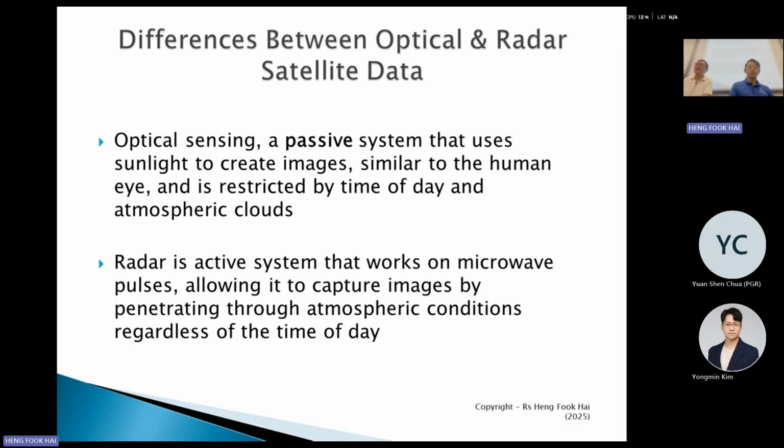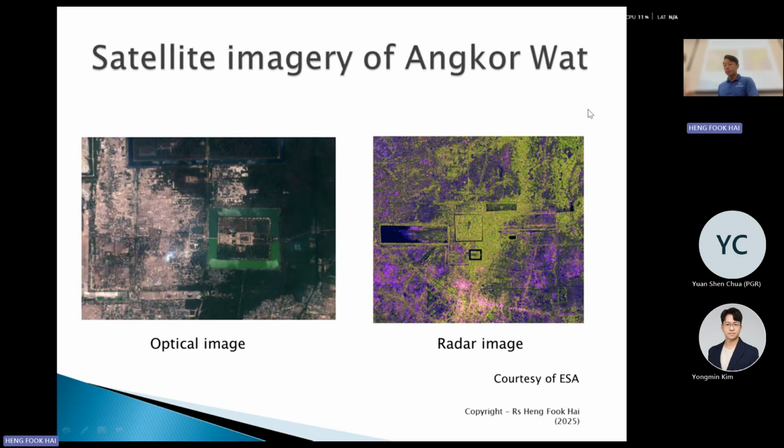Radar will be a better solution if you want to capture more details. They use microwave pulses, which allow images to be captured irrespective of atmospheric conditions or even vegetation. Radar can really penetrate right through to the ground. Some of the high intensity radar can even shoot all the way down through the soft ground until they hit the hard layer of the earth.